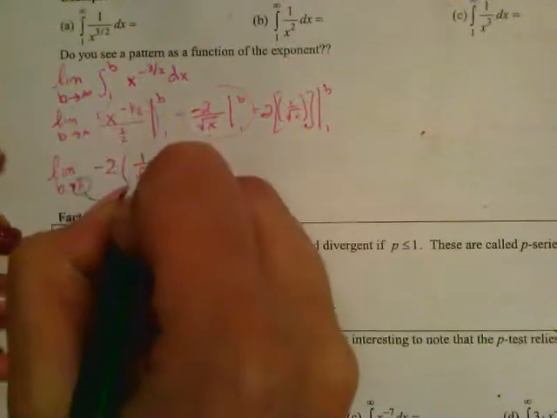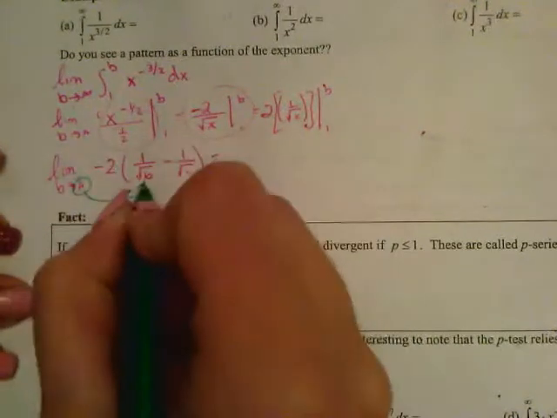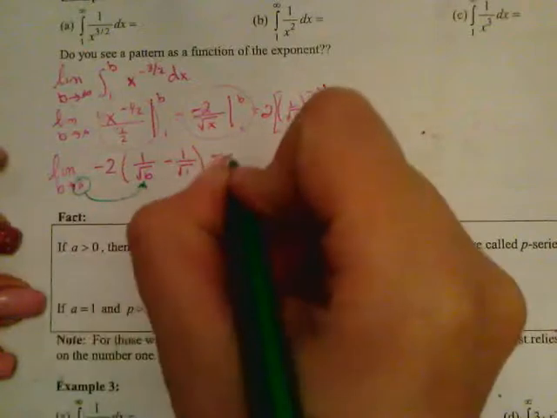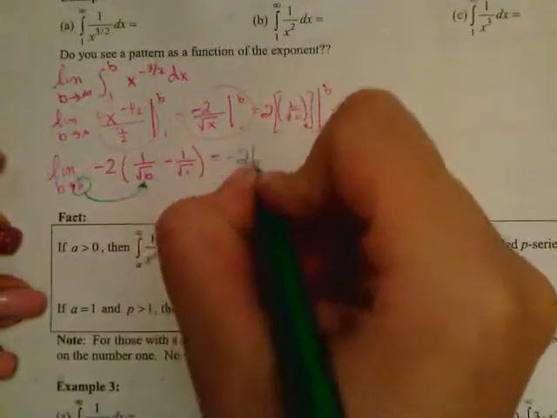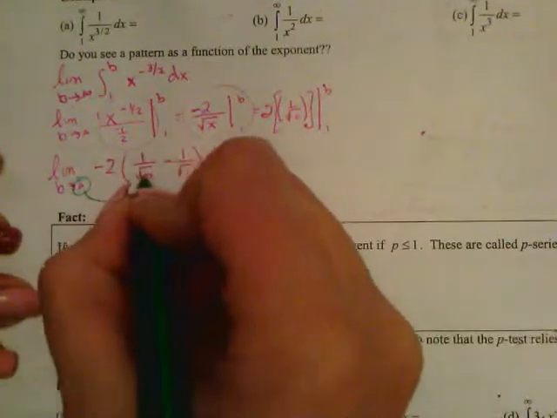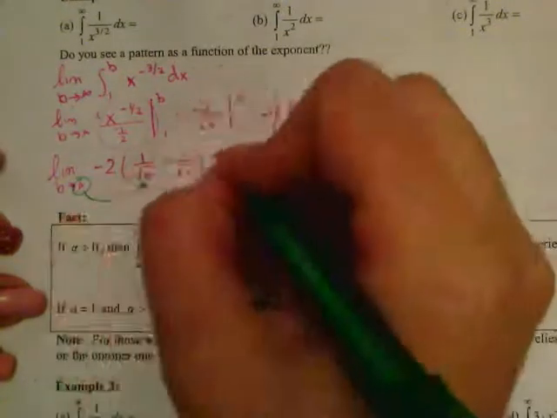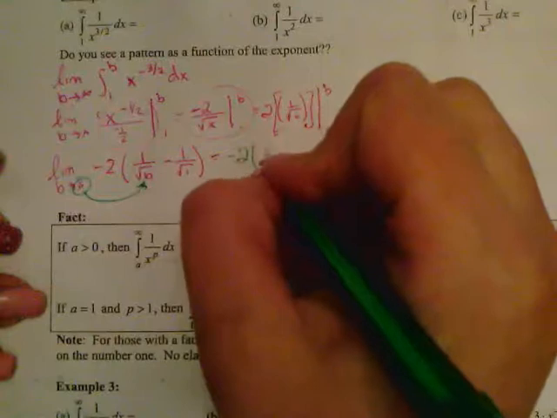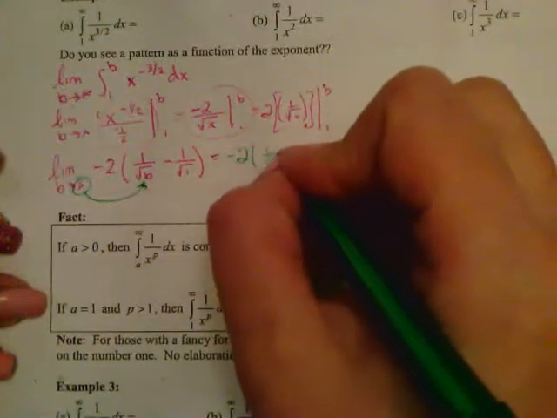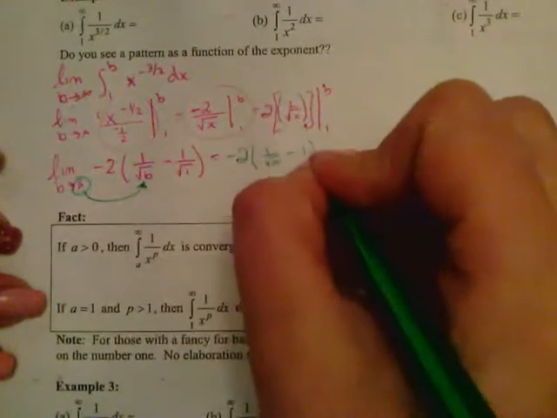If I plug infinity into b, what I end up with is negative 2 on the outside, 1 over the square root of infinity, which is 1 over infinity, and you know that becomes 0, minus 1 over square root of 1, which is 1.